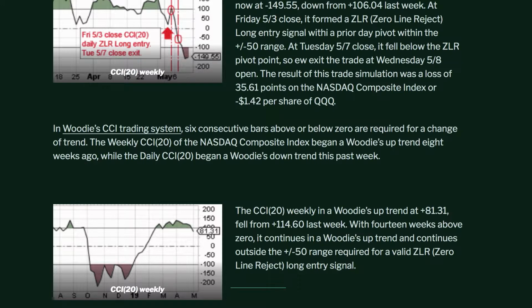The CCI 20 weekly in a Woody's uptrend at a positive 81.31, fell from a positive 114.60 last week. With 14 weeks above 0, it continues in a Woody's uptrend and continues outside the plus or minus 50 range required for a valid zero-line reject long entry signal.